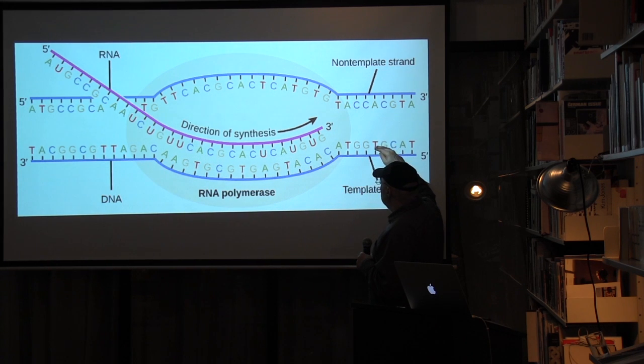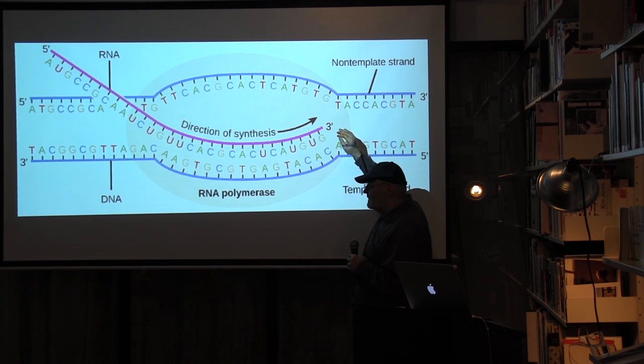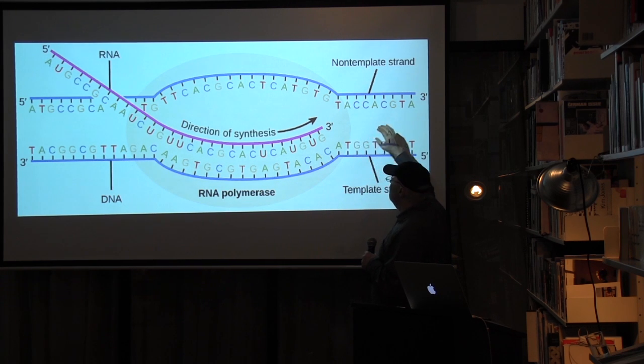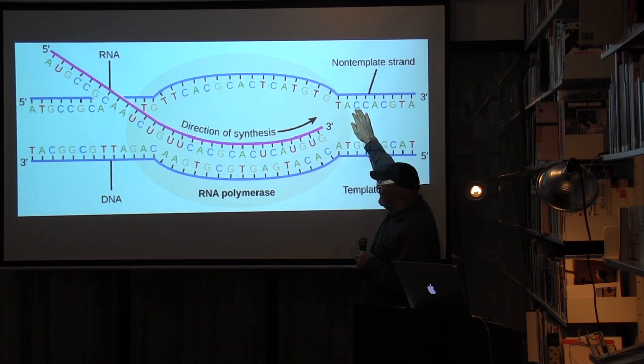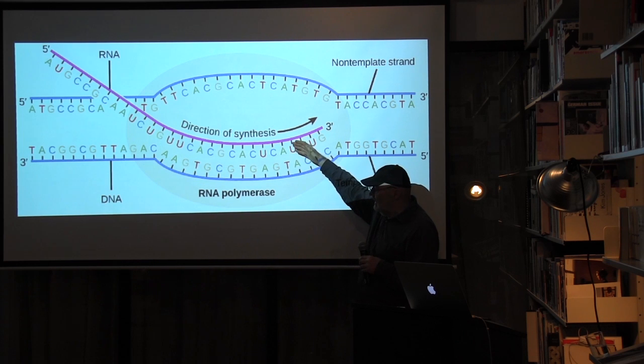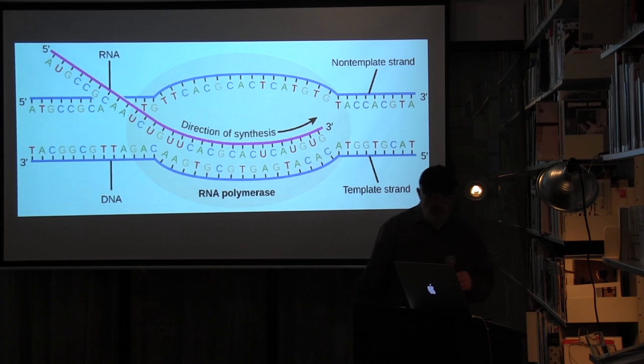But in fact, we can assume that the real code is here, on the non-template strand, and it is copied onto RNA.